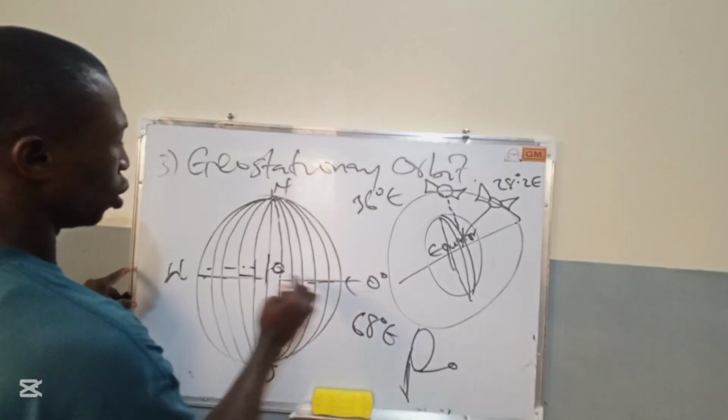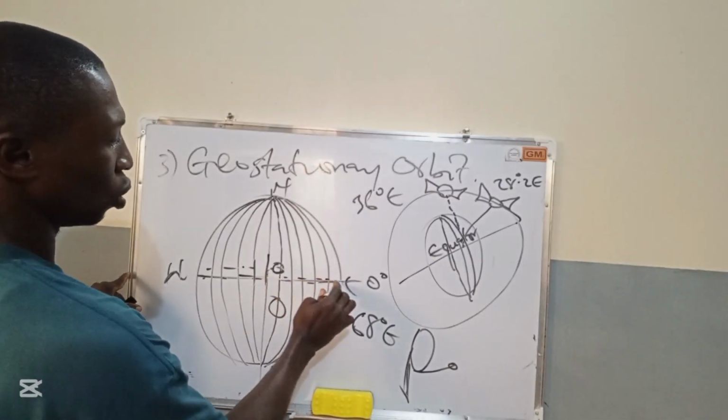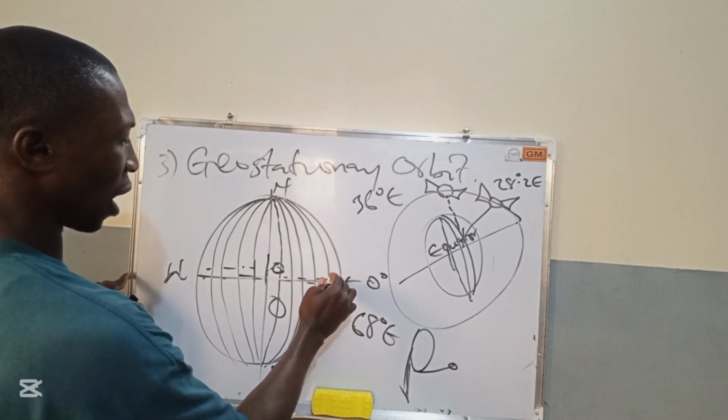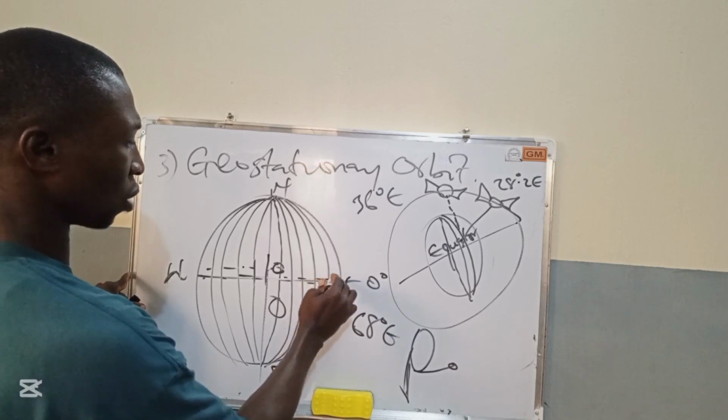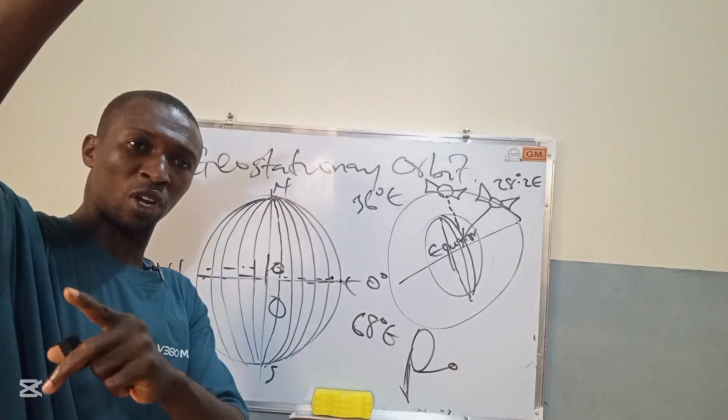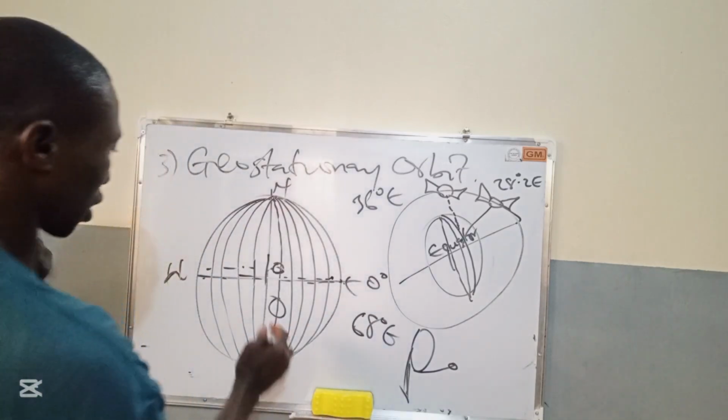Because as you move closer to the higher longitude, the dish will tend to face down in order to see it. Now take for example South Africa that is here.